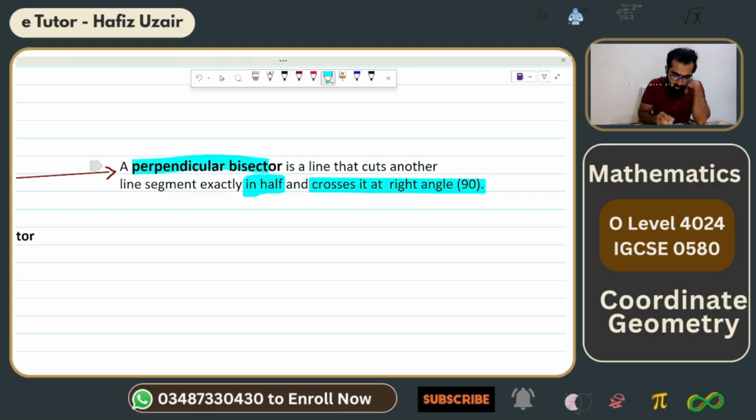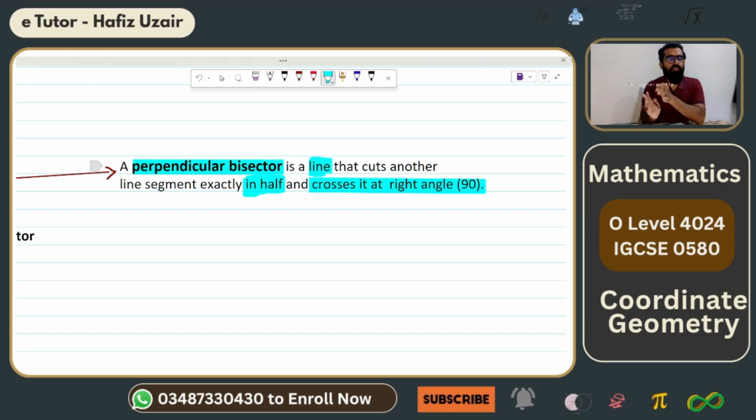What is a perpendicular bisector? A perpendicular bisector is a line that cuts another line segment exactly in half. In half means, like, if we have this line over here, the perpendicular bisector will be this line. So this is the perpendicular bisector.